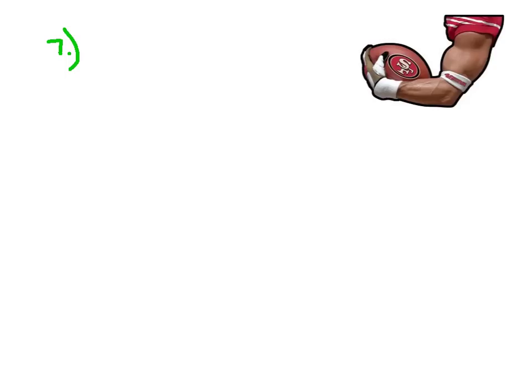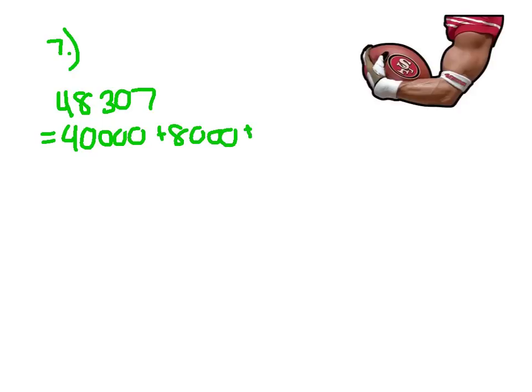So for our last practice problems, let's now get into expanded notation. So for example, let's say we have the number 48,307. Now to write this in expanded notation, we're first going to rewrite each digit in its actual value. So this is really 40,000 plus 8,000 plus 300 plus 0, yes, you include the 0, plus 7.